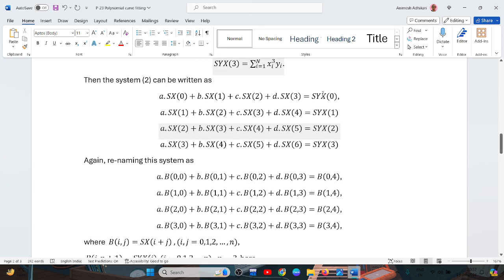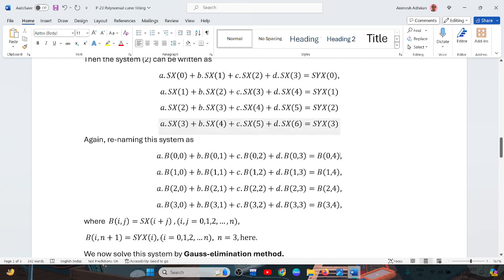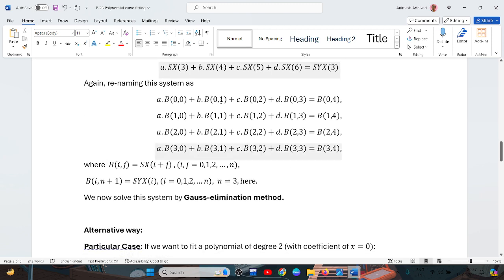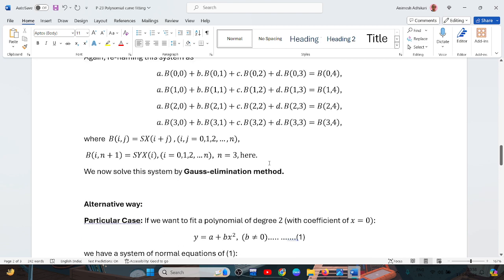This is Syx0, Syx1, Syx2, Syx3. And then we solve this system by Gauss elimination method.